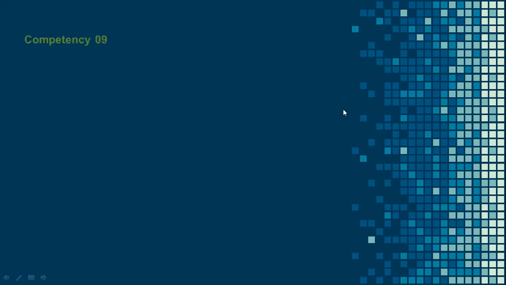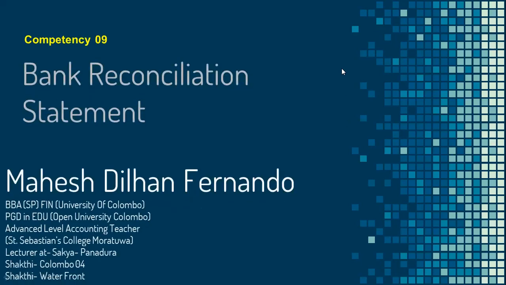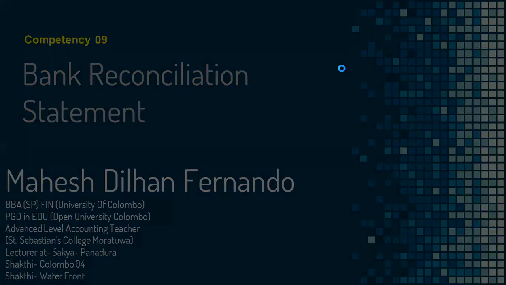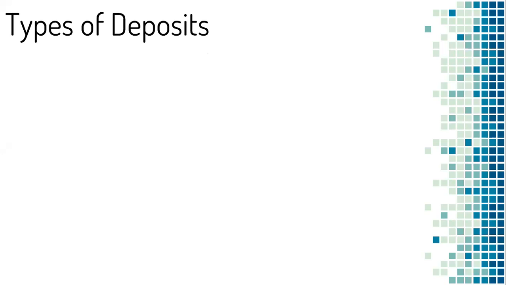Right. Today we are in the ninth competency, part 2. And today is the first time we discuss the bank reconciliation statement. Do you know, in a bank, a person, an individual, or a business can open 3 types of deposits.